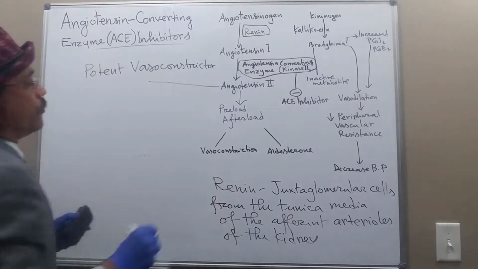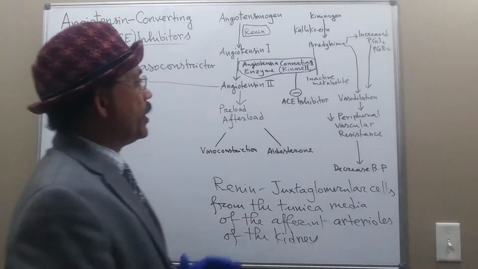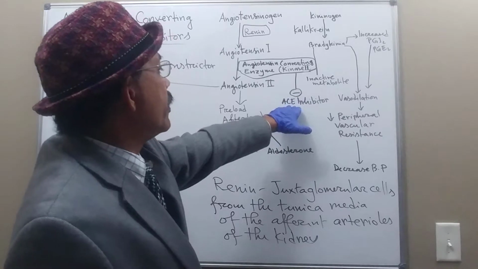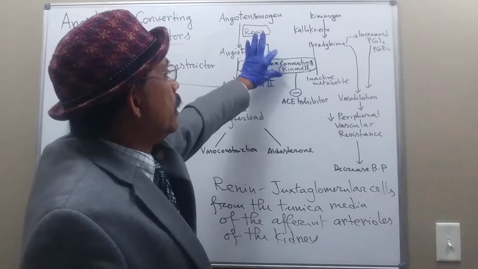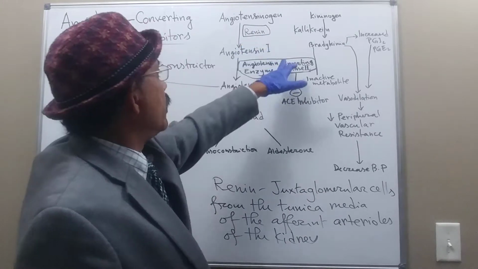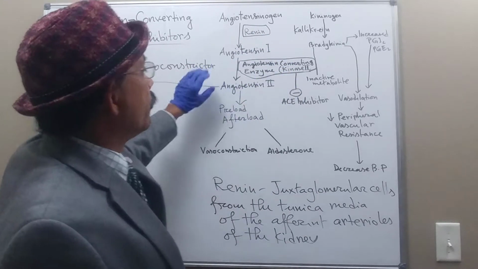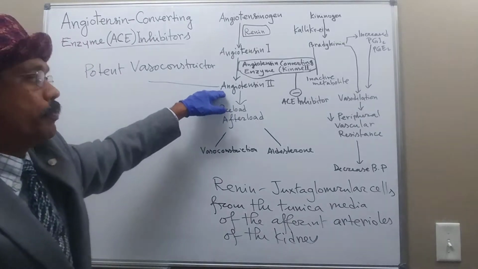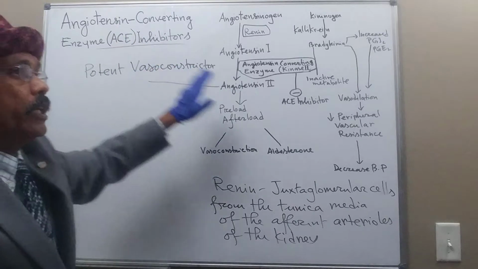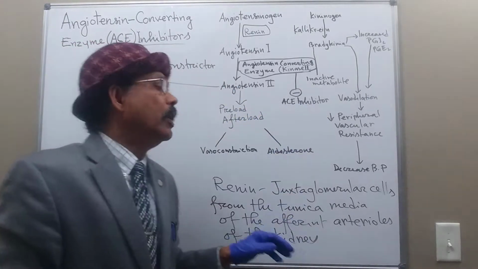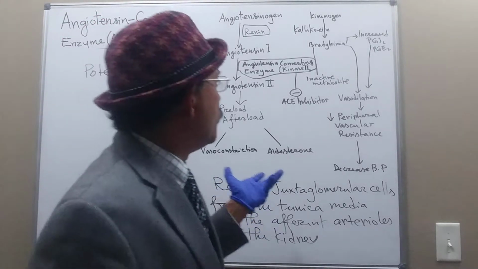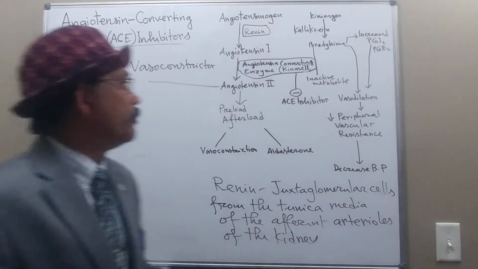Our medication, the ACE inhibitor, the angiotensin converting enzyme inhibitor, works here. It suppresses this enzyme and prevents the action of this enzyme, so angiotensin 2 will not be produced. That is the idea of these medications, like captopril, enalapril, lisinopril, quinapril, ramipril and fosinapril.